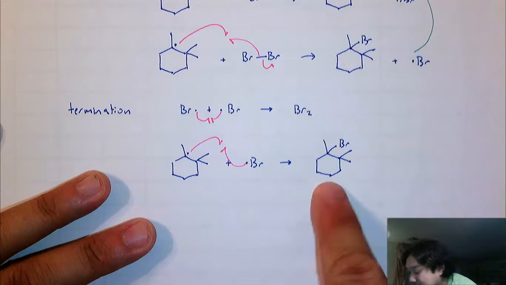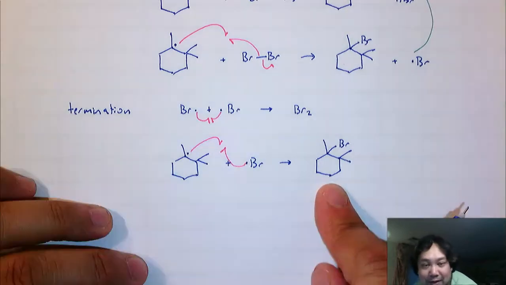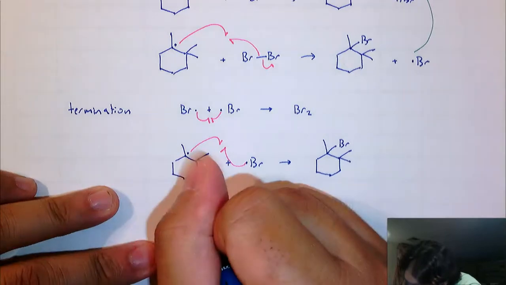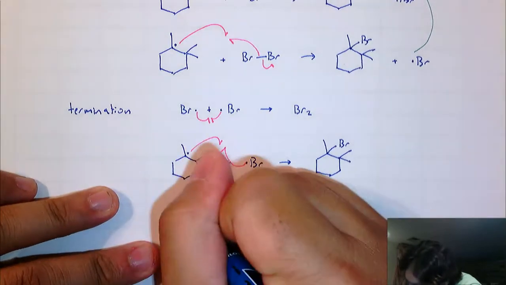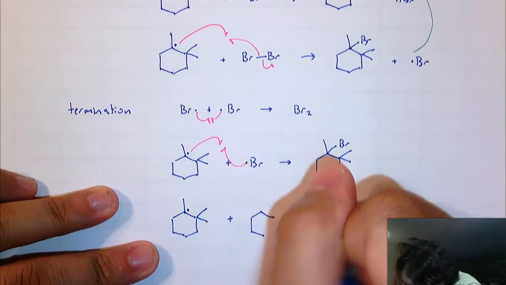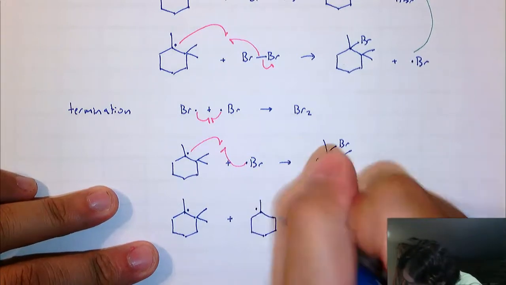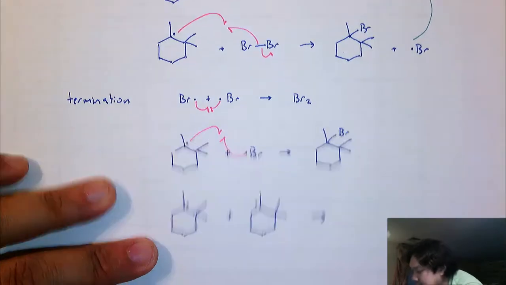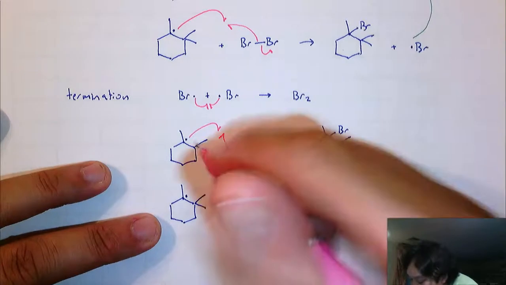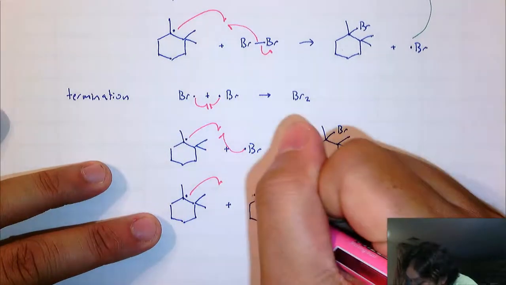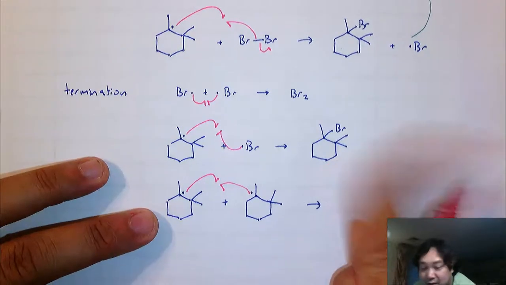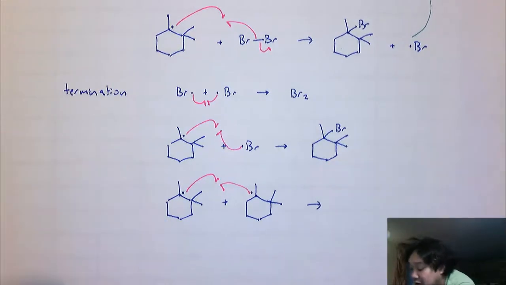So we do get the product. Beautiful. The thing is, when you have too many radicals, you're going to have too much of this at the same time. And this is what we really want to try to avoid. Once we make the product here of these two coming together, there's really nothing we can do to get anything close to this product.